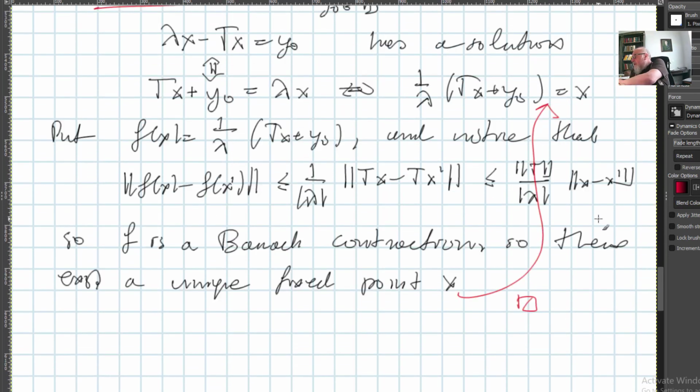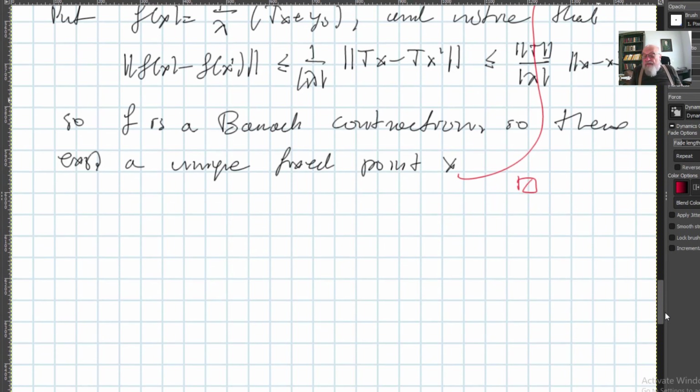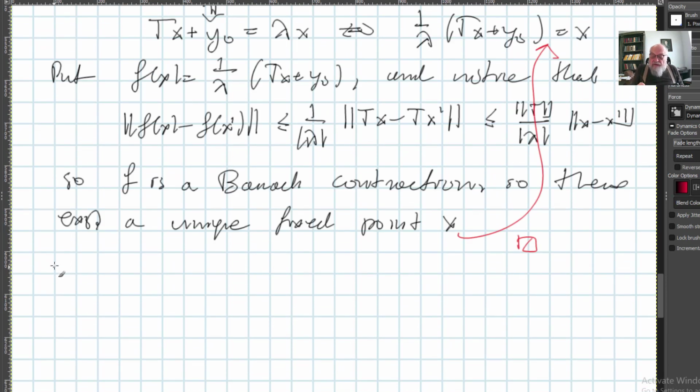So now we need to formulate the last result, and this is the result. So let's select this theorem. This is important. And that's the spectrum of compact operators.